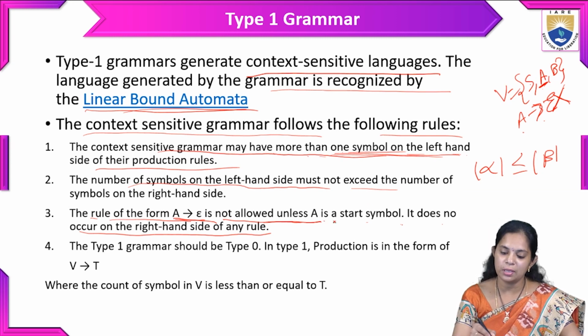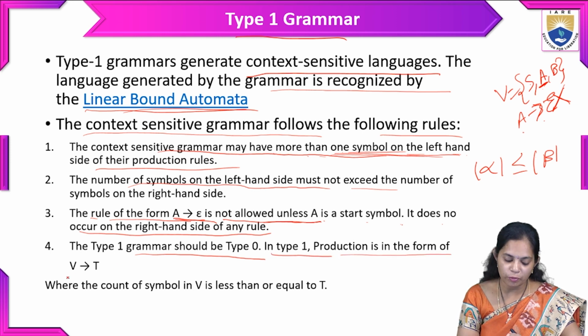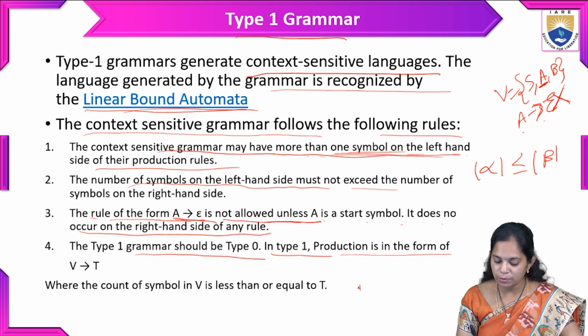Why? Because this is a type 1 grammar, so there are conditions. And a type 1 grammar should also be type 0. In type 1, production is in the form of V tends to T. In the production rules of type 0 also we have the production V tends to T, that is capital A tends to small a.